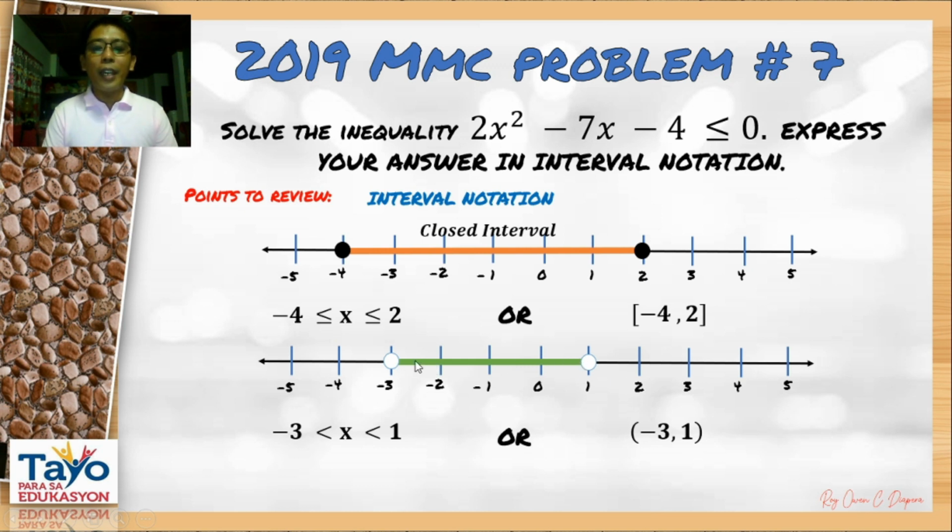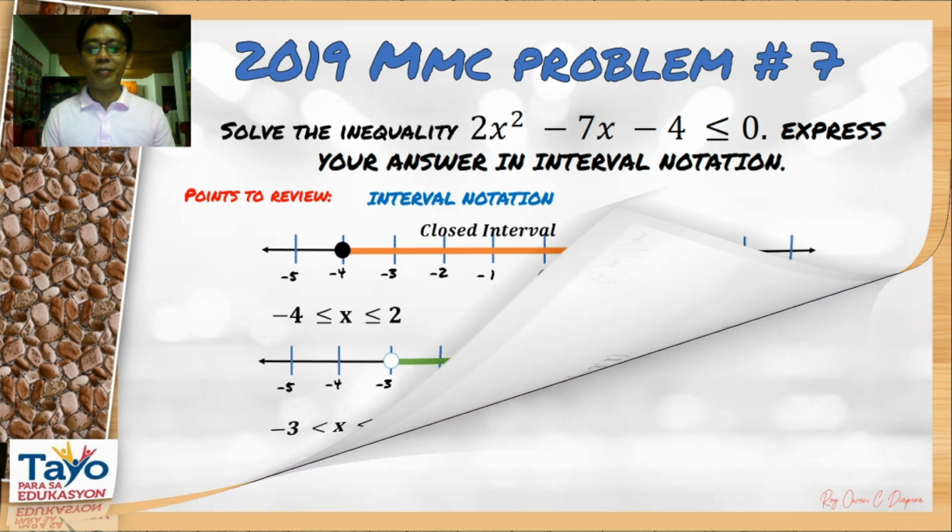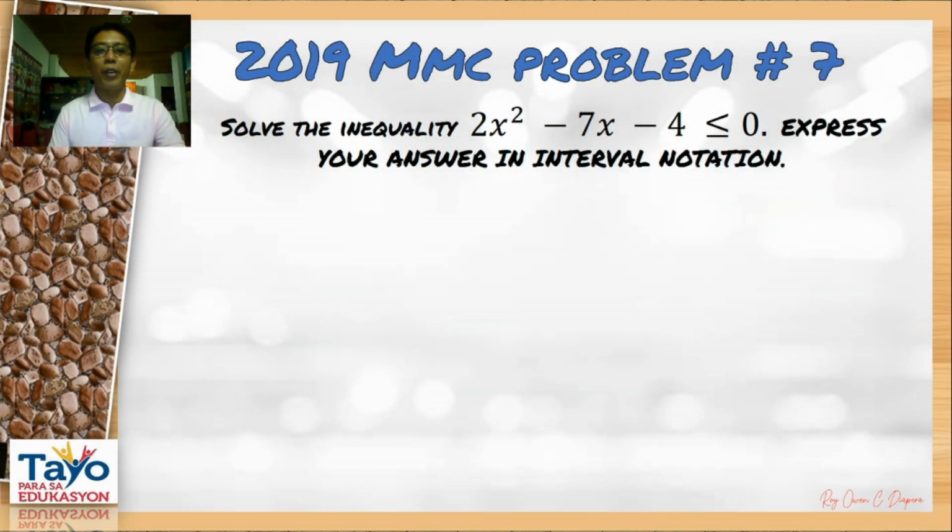So, meaning to say, si negative 2.999999 is included, but si negative 3 is not included. While here, si positive 0.9999999 is included, but positive 1 is not included. Ang tawag po ng interval na ito ay open interval. So we are now ready to solve problem number 7.